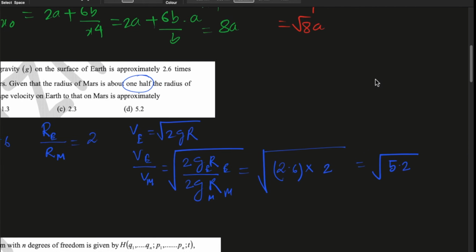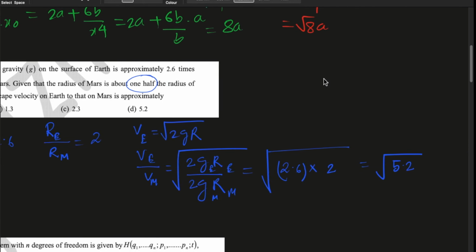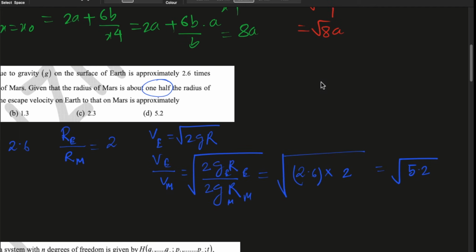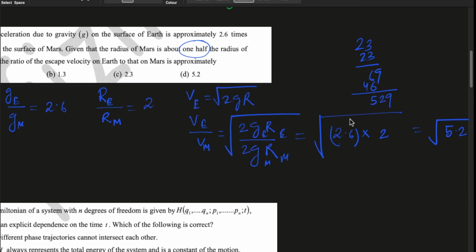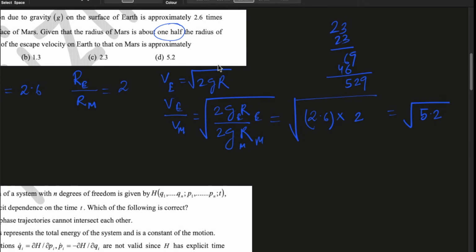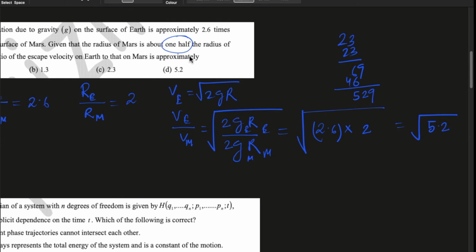It is approximately 2.29. So this value is approximately the ratio, and here it is given approximately.